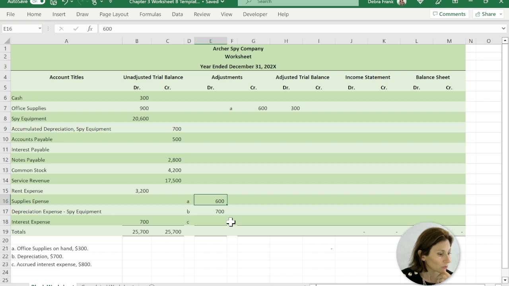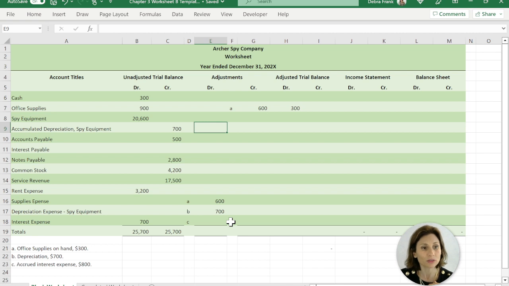And I told you in a previous video, you don't decrease the SPY equipment. Instead, we are going to record a contra asset whose normal balance is a credit. We're going to record that instead to keep track of the cost used up or related to the asset.